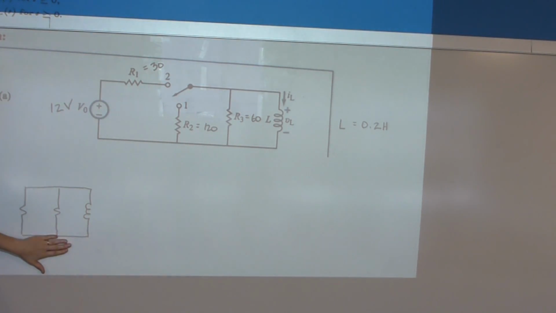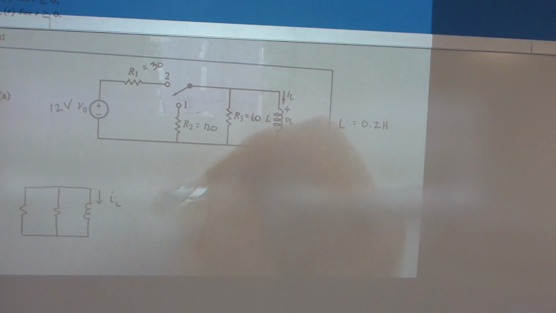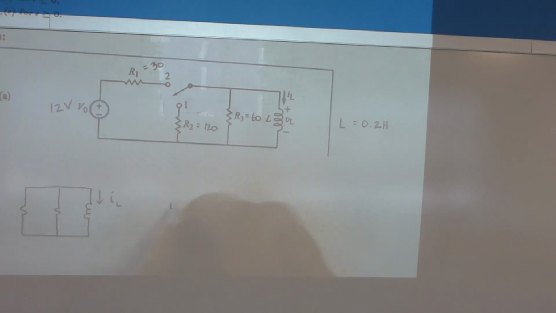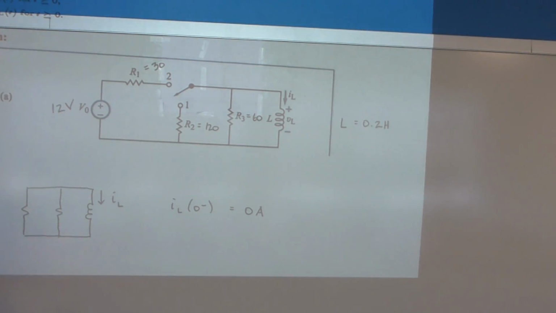Okay, so if I look at this, I'm trying to find the initial current. What do I know about the initial current? If this has been in place a long time, there's no source, it must be zero, nothing's happening. So I know that I sub L of 0 minus is equal to 0 amps. What's the voltage at that time? Same thing. Another way I can draw that is like this.